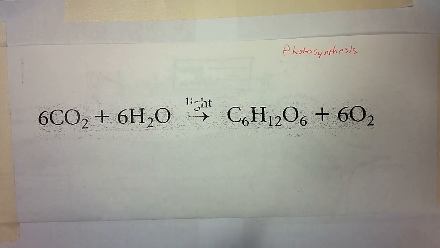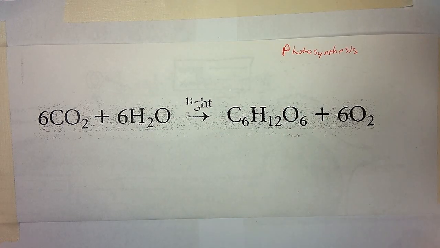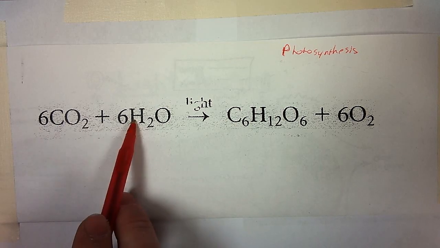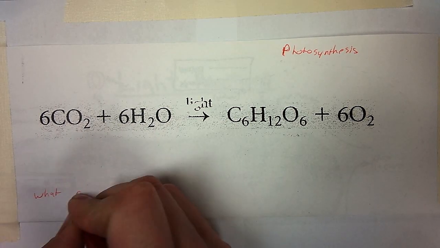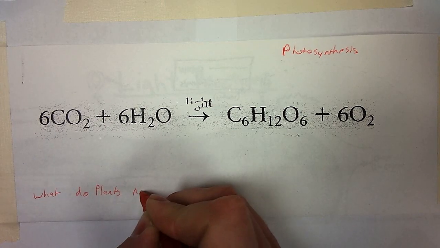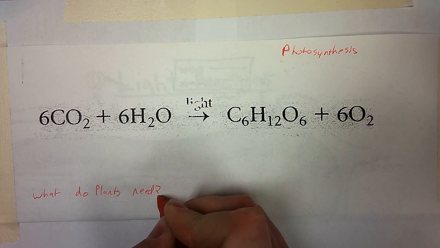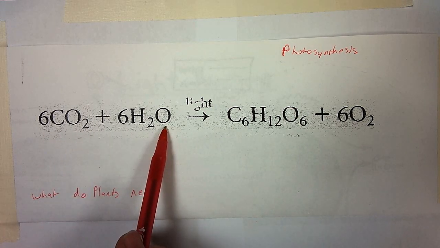A couple prompts, a couple things that I have said multiple times in class: what do plants need and what do plants make? Those are referring to the reactants side. What do plants need? The answer would be carbon dioxide and water.